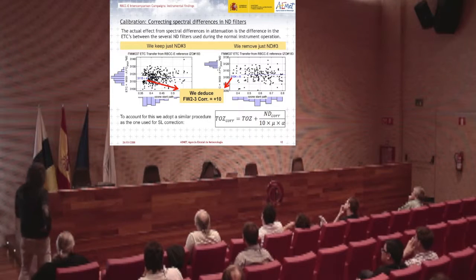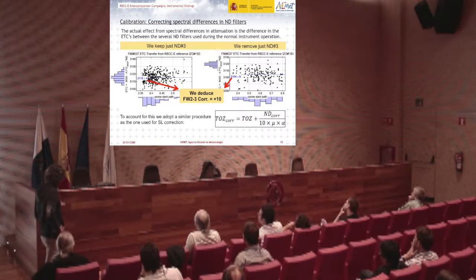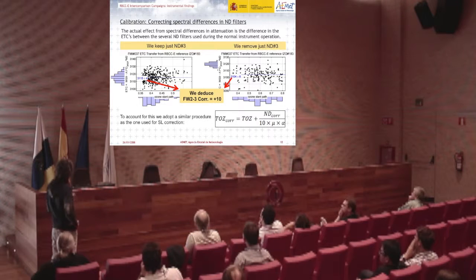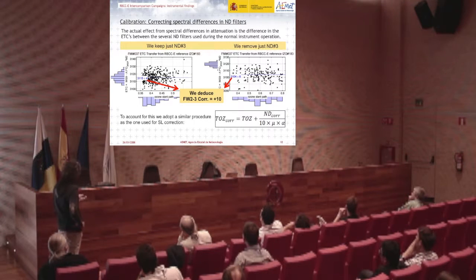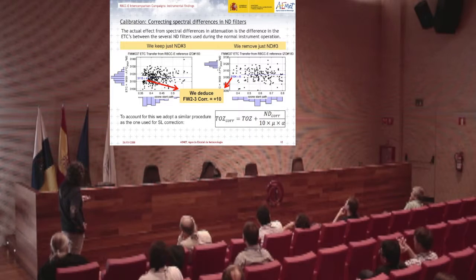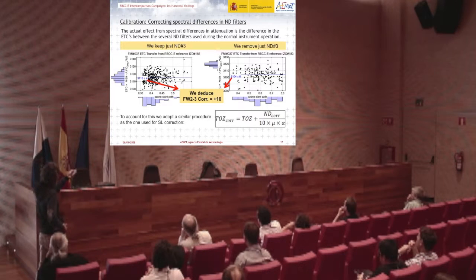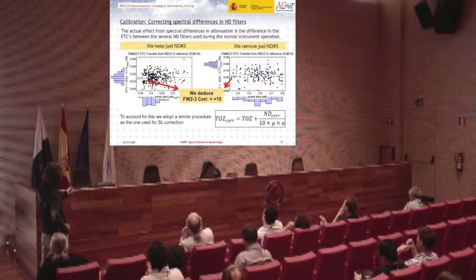And after this, we just correct the total ozone in a similar way as we do with the standard lamp correction. And this is what I show here. In this way, we achieve very good results. For example, we apply this factor of 10 to instrument 37, and this is before and after.